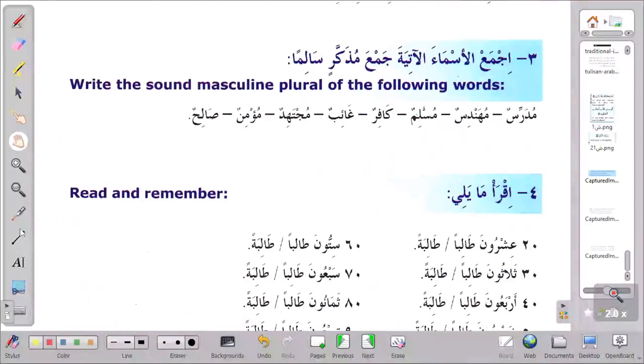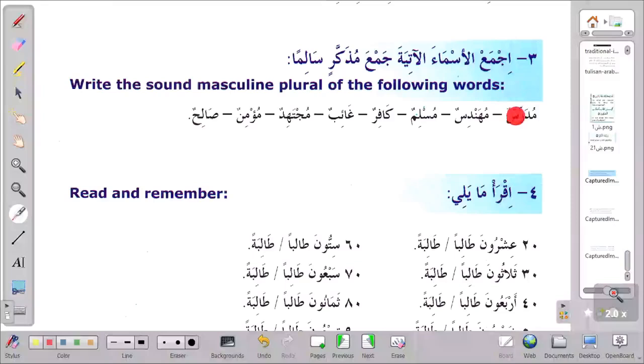Now he says: اجمع الأسماء الآتية جمع مذكر سالما. So he's saying that اجمع, we should make it plural. Al-asma al-atiya, the following words, jam' mudhakkar salim.